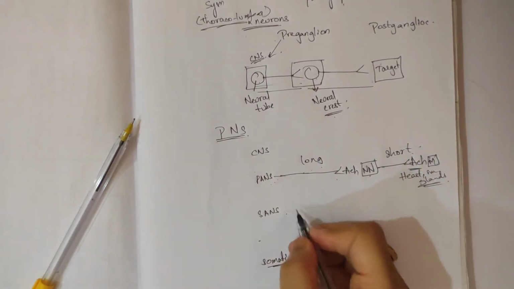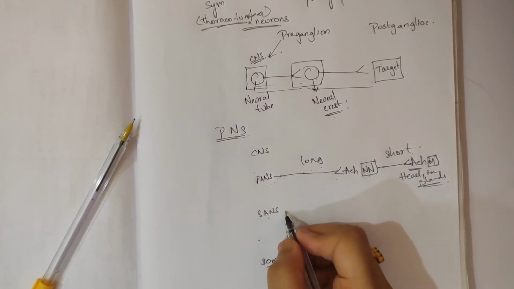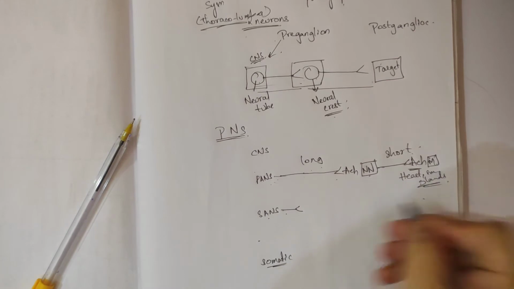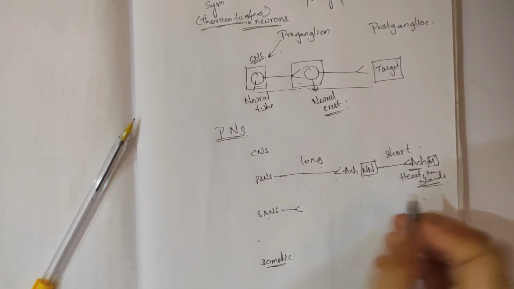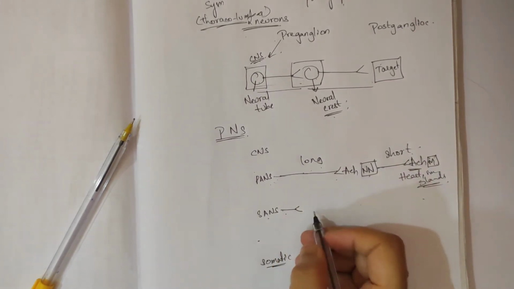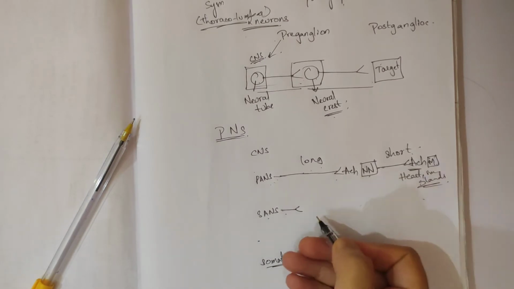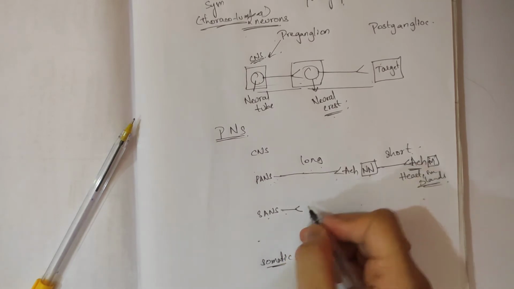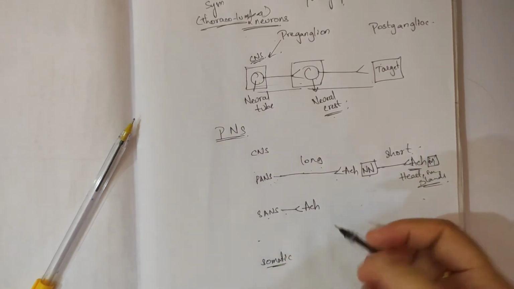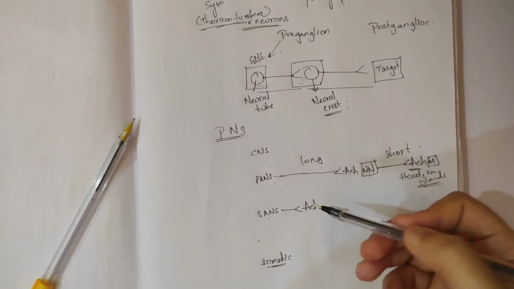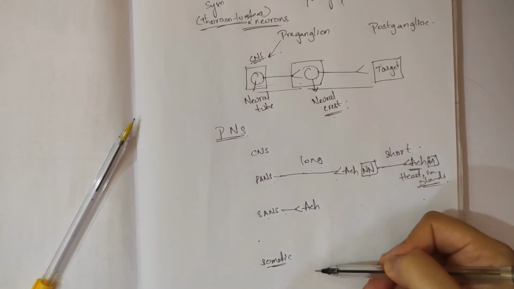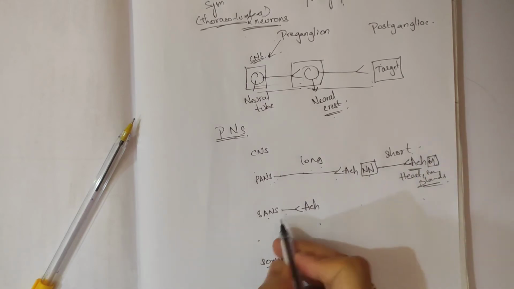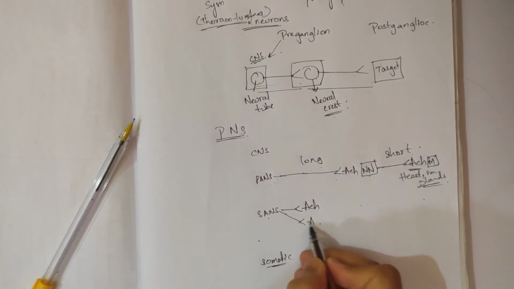Now in the sympathetic, the preganglionic is short and the postganglionic is long. What will the transmitters be here? This may be acetylcholine. For the sympathetic, all preganglionic neurotransmitters are only acetylcholine. We'll divide this into two ways.